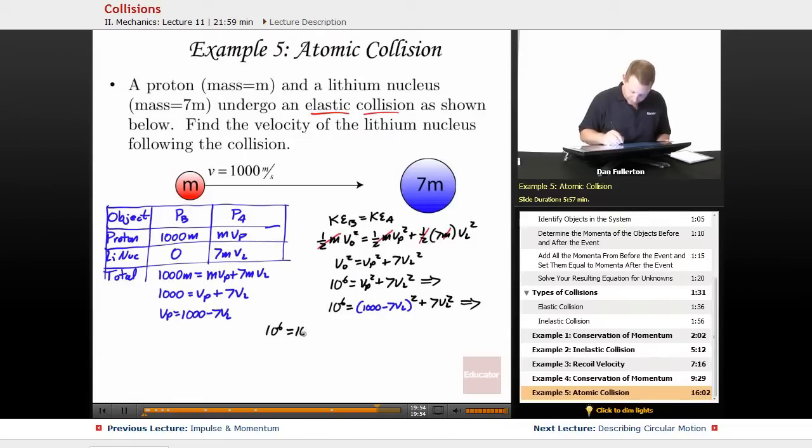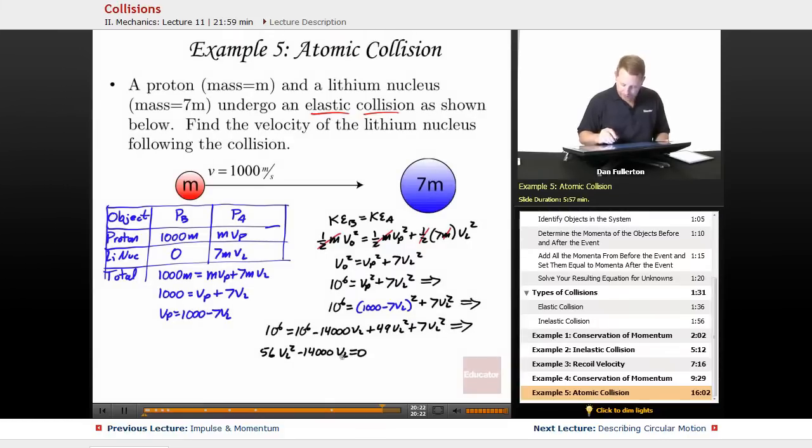That's going to be 10 to the 6th minus 7,000 Vl minus 7,000 Vl. So that's minus 14,000 Vl plus 49 Vl squared plus our 7 Vl squared, which implies then that 56 Vl squared minus 14,000 Vl is going to equal 0.